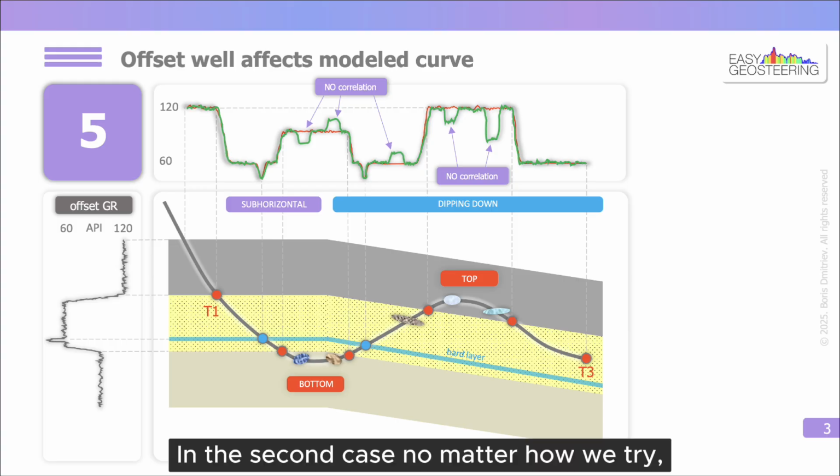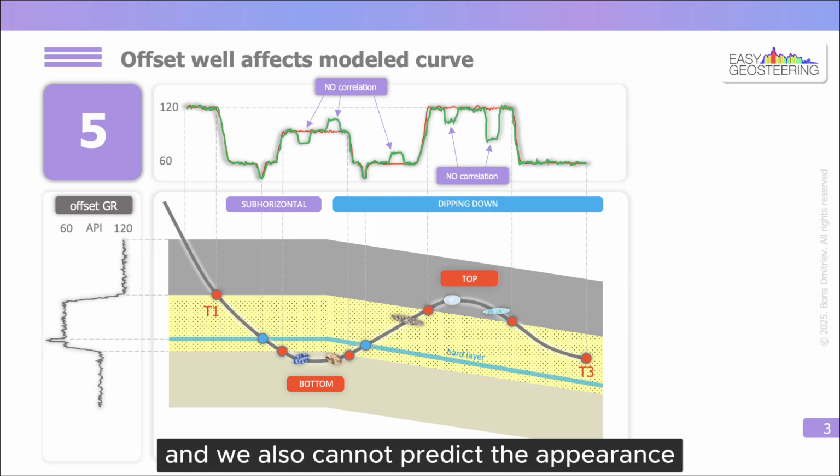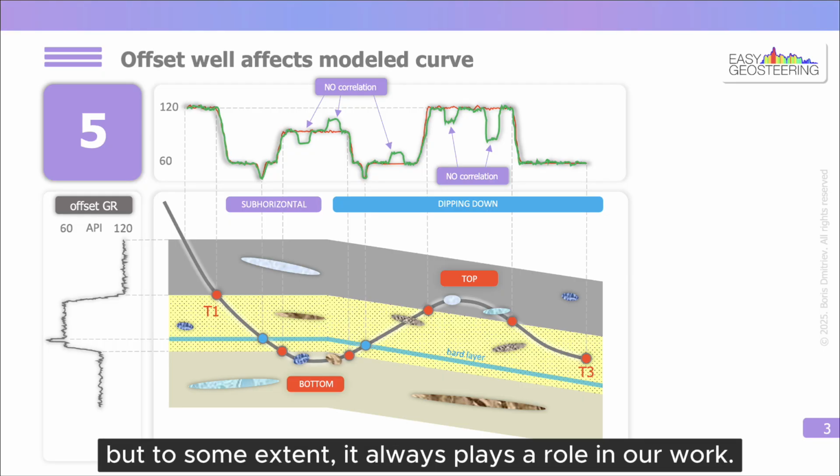In the second case, no matter how we try, we cannot establish a correlation between the curves, and we also cannot predict the appearance of these bodies, since it occurs randomly. The level of lateral changes completely depends on the specific geology of the oil field, but to some extent it always plays a role in our work.